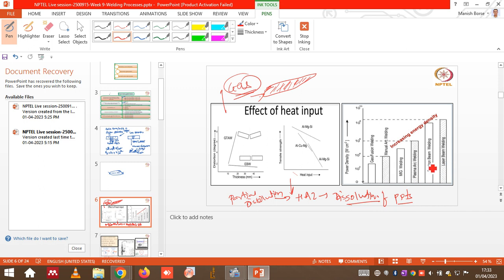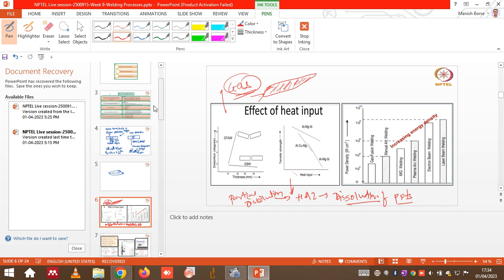So we can say by increasing power density here, for the processes which are using a high power energy source like a laser or electron beam, the power density of such processes is higher compared to conventional processes. Okay, so this is the basic that I want to revise here.